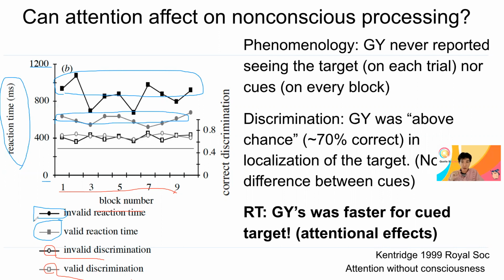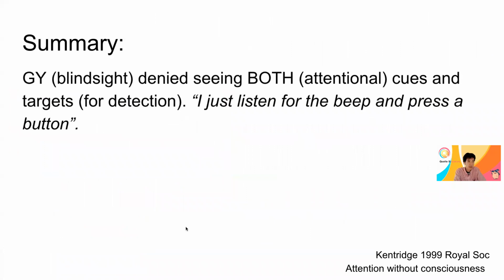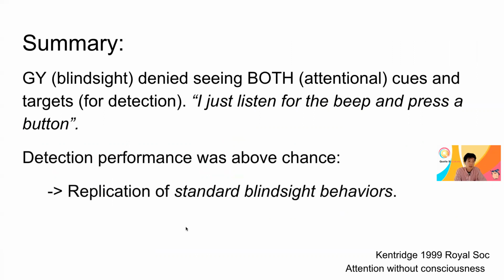The important thing is that GY did not notice or see the cue itself and also the target itself. So all of this is happening as an attentional benefit on the level of a non-conscious cue and a non-conscious stimulus, both non-conscious. So in summary, GY, the blindsight patient, denied seeing both attentional cues and targets for detection. His words are, I just listen for the beep, which means the auditory tone, and press a button. The detection performance was above chance, and that part of the effect is a replication of standard blindsight behavior.